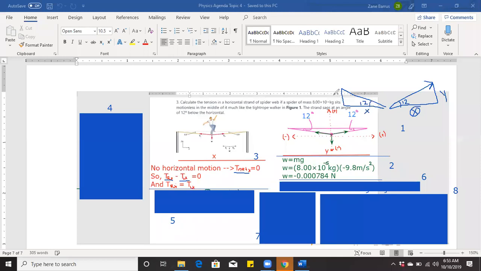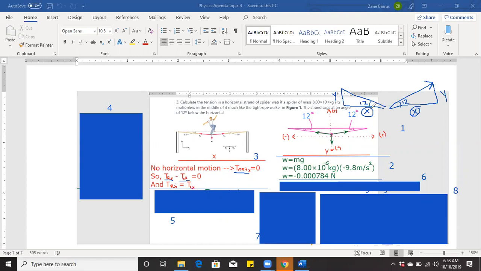It makes sense that if I take the right side, which is positive since it's going up and to the right, and take away the tension in the left rope in the x direction, which is this guy right here, and since that's going off to the left, that's a negative value, so TRX minus TLX should be 0 because they're equal to each other. These are congruent triangles after all.